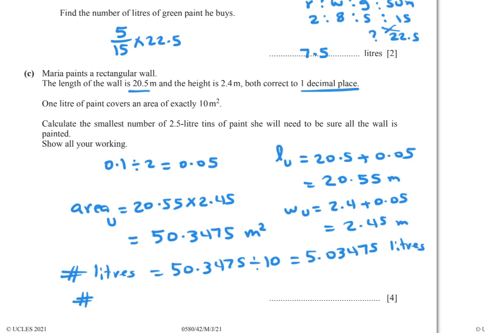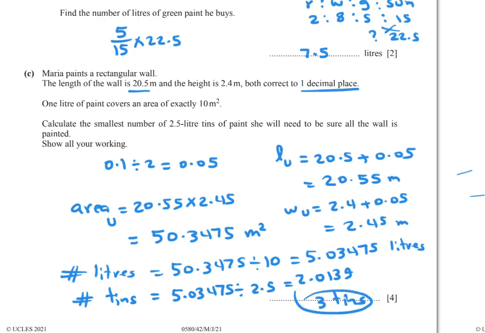Now to find the number of tins, divide 5.0345 by 2.5, which equals 2.0139. So we need more than 2 tins. So we need 3 tins, because 2 tins is not enough to be sure that all the wall is painted.